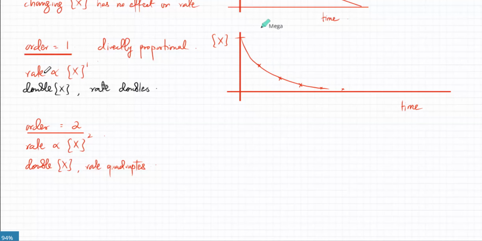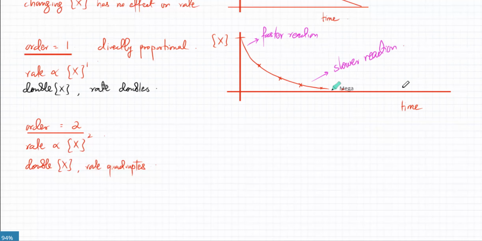Initially a steeper gradient translates to a much faster reaction. And now at the end, the gradient becomes less steep, so now you have a slower reaction. This is what directly proportional means: as the reactant gets used up, the rate slows down. Eventually it's going to slow down and slow down. It's going to take a longer and longer time.